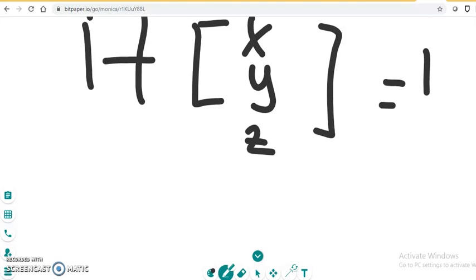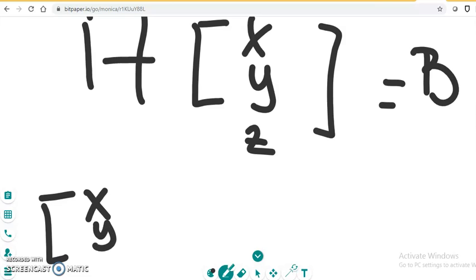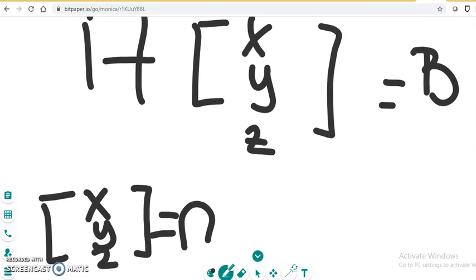So our solution is matrix B. Well, to find out what my X, Y, and Z is, I need the inverse of A times B. Okay, so that's what we're going to do with our calculator here.